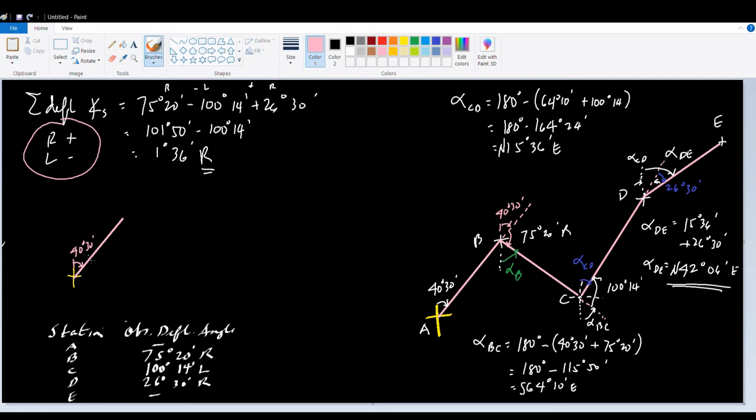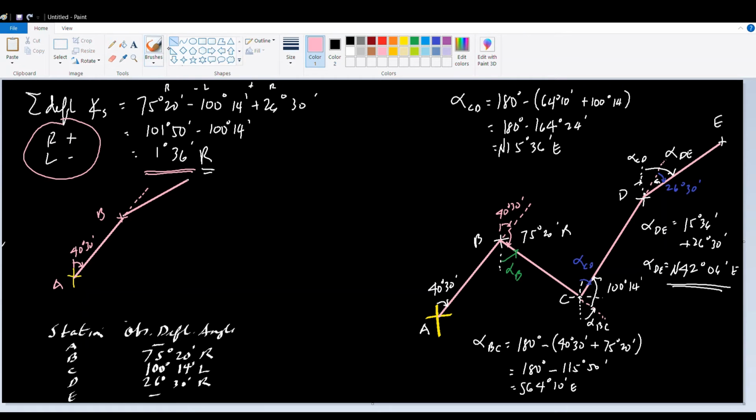And then we apply at B the net deflection angle, which is 1 degree 36 minutes right. Make an extension, applying AB, and we apply the net deflection angle of 1 degree 36 minutes right. So it should be somewhere here.